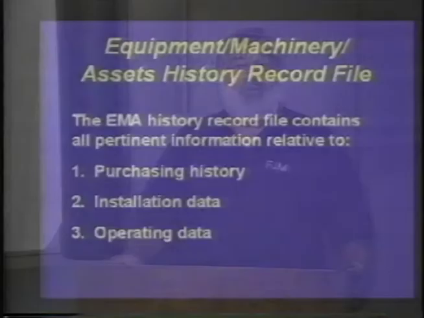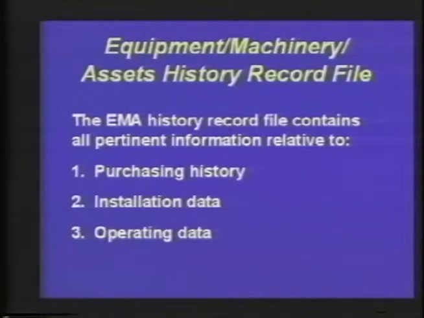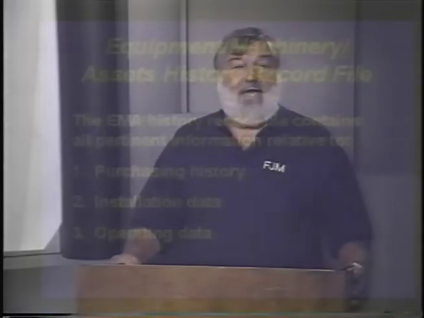Step 3 would be the operating data, and that operating data would include such things as power required, voltage, current, other applications like pneumatics, hydraulics, H2O requirements, and so forth.